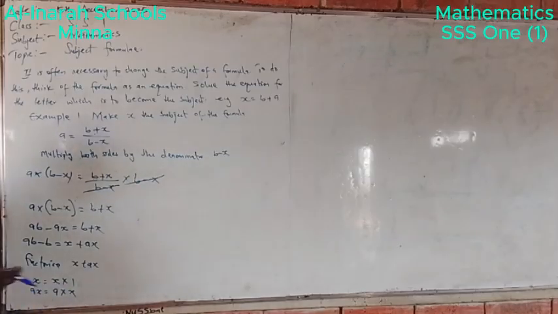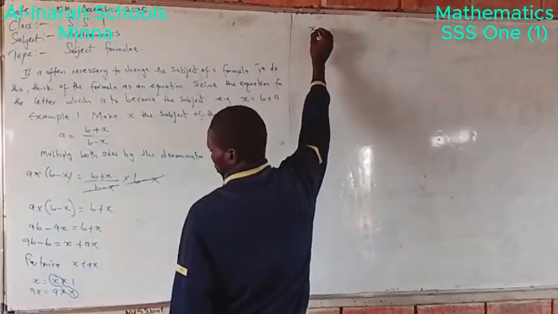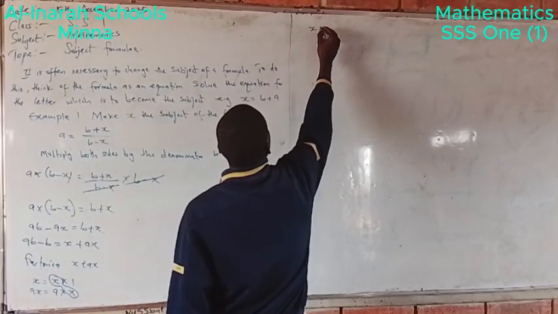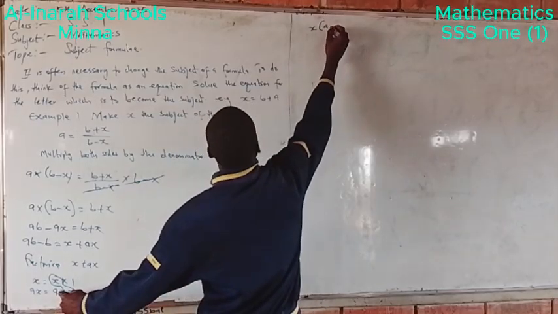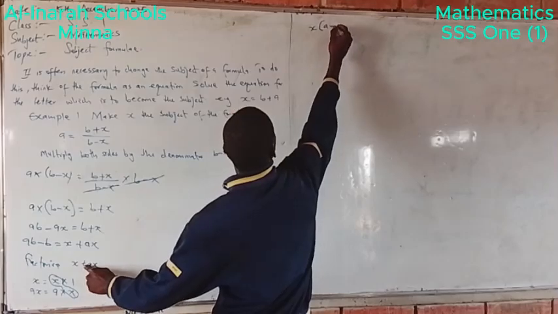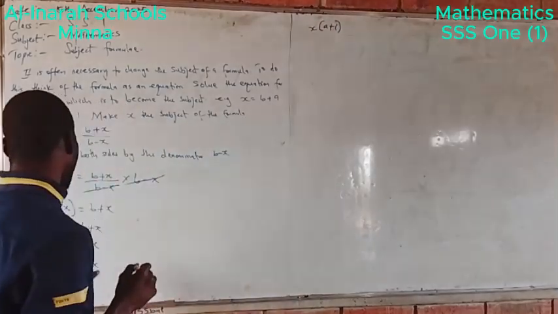By mere looking at this, x is common. So we have x open bracket a, since you have a plus here, it will be plus 1. Are we together? Yes.